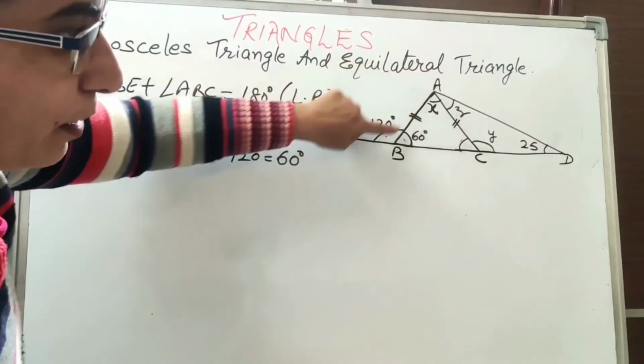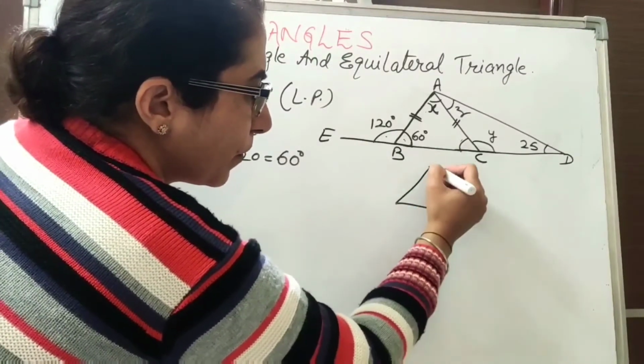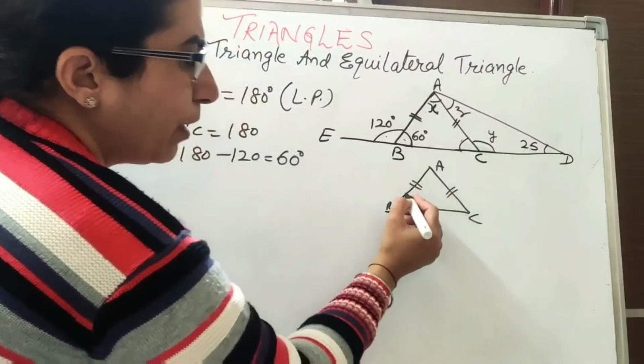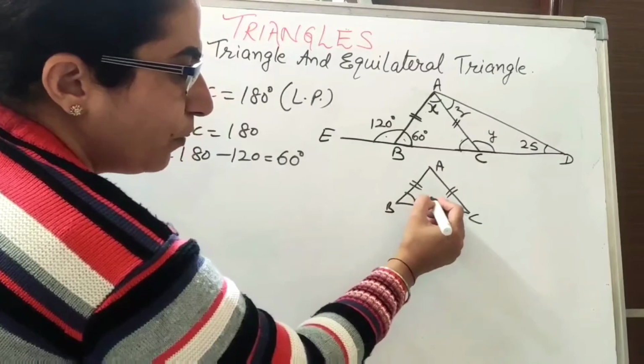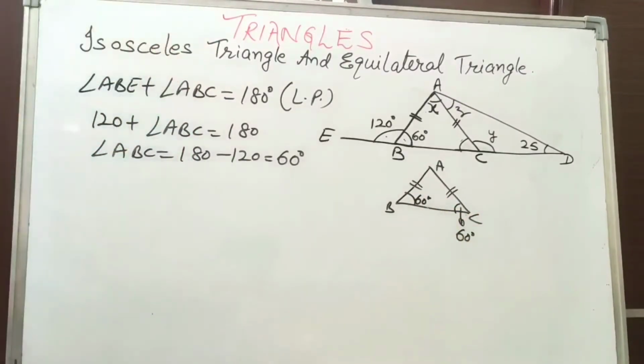So if I take out this triangle ABC, in this, these two sides are equal, and this angle ABC we have found is 60 degrees. By the property of isosceles triangle, this angle is also 60 degrees.